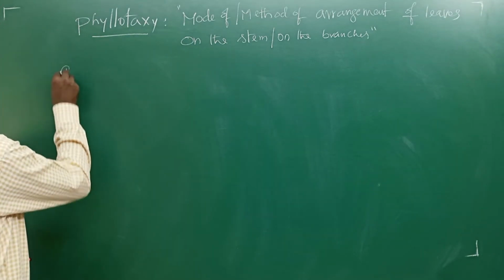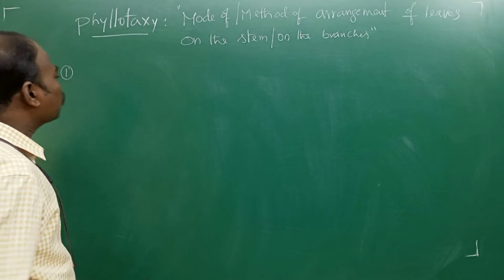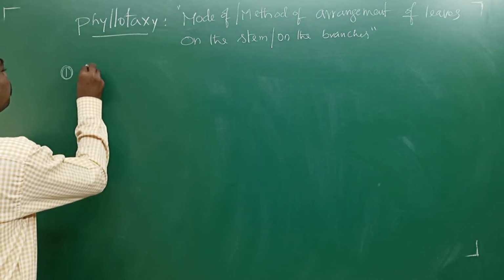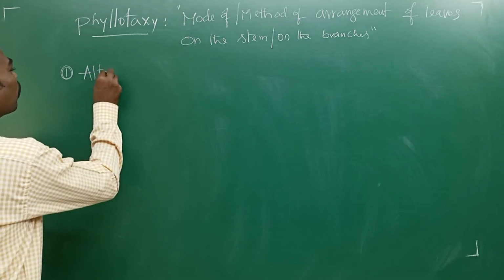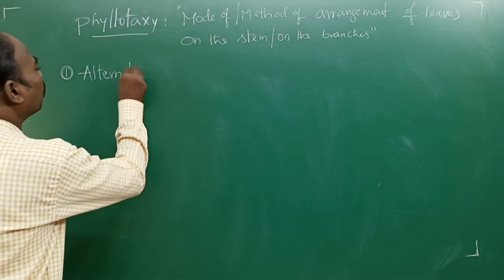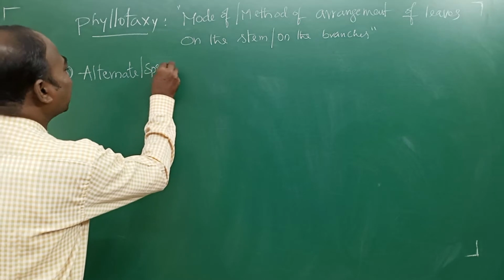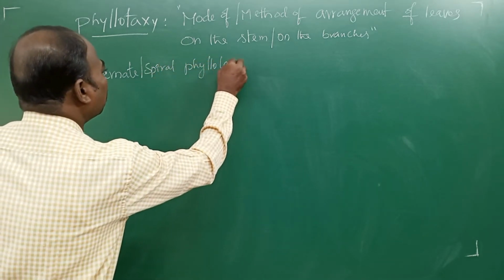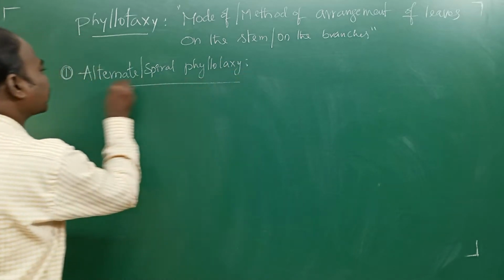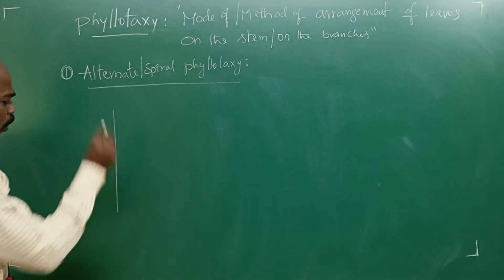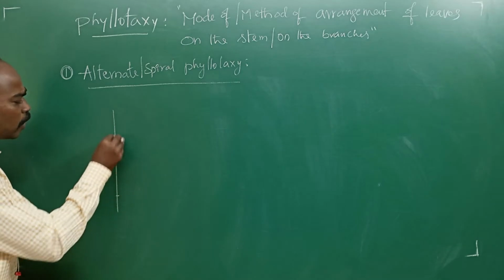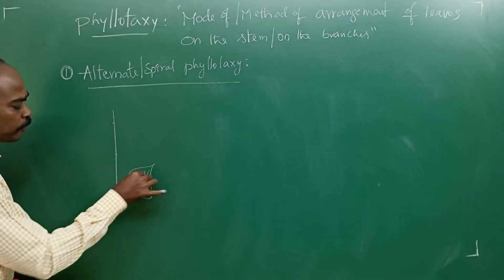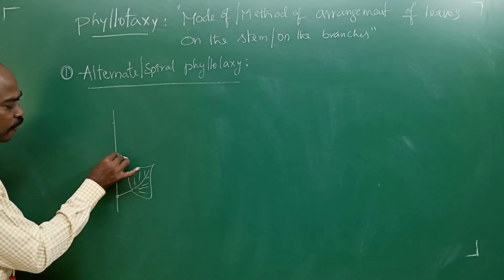There are three main phyllotaxies found in different plants. One, alternate or spiral phyllotaxy. Let us see here in the spiral phyllotaxy, at every node, a single leaf is developed.